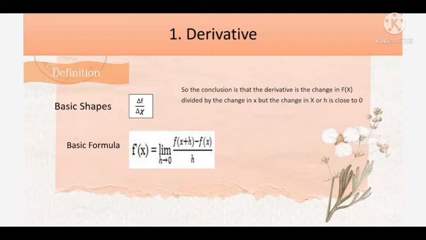The second, if we have f(x) equals ax, then the result of the derivative is just a. Example, f(x) equals 5x, so the derivative is just 5. So we only take the number.